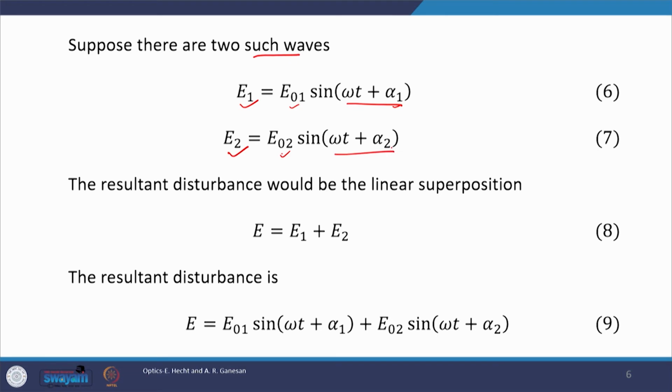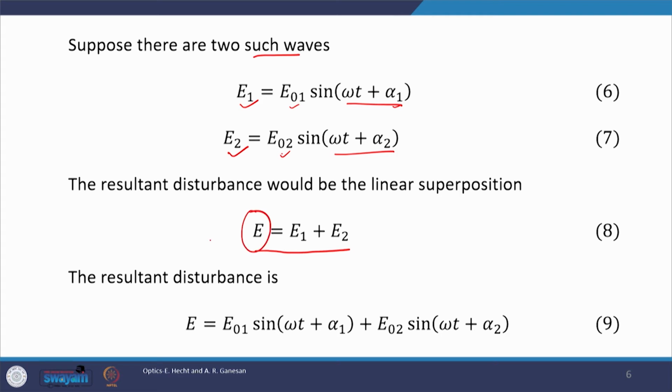What would be the resultant? The resultant would be the linear superposition, because the linear superposition of psi i's gave us the resultant psi. Therefore, we just added E1 and E2, which gave us the resultant disturbance.